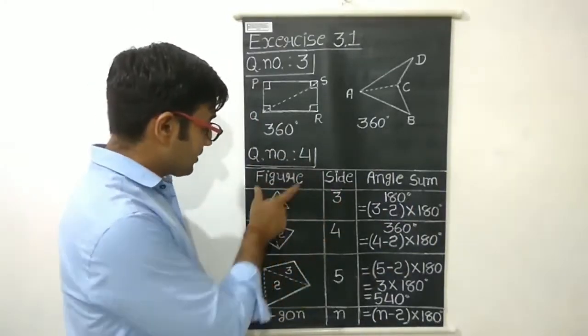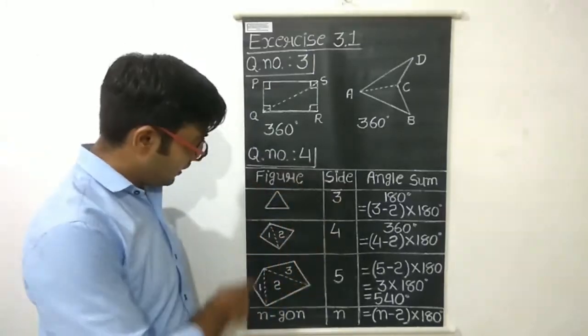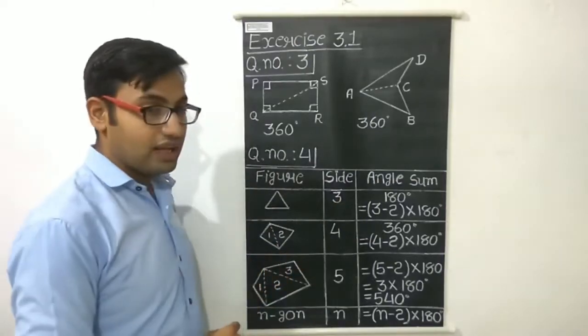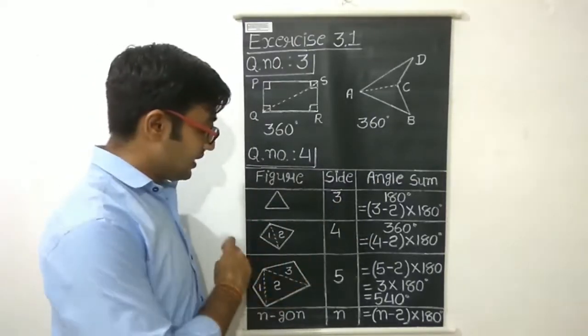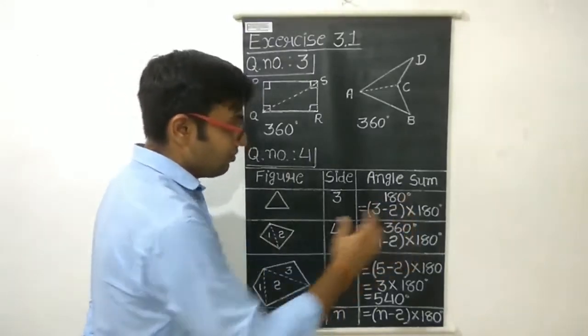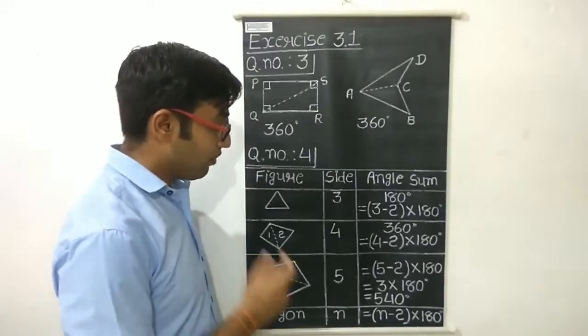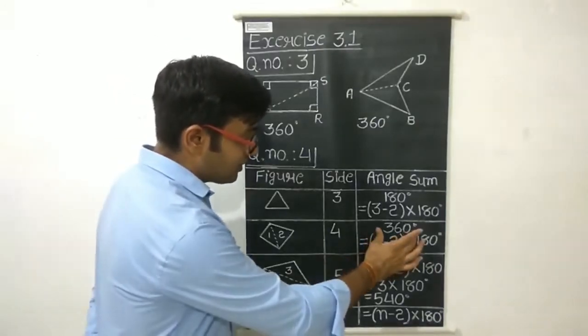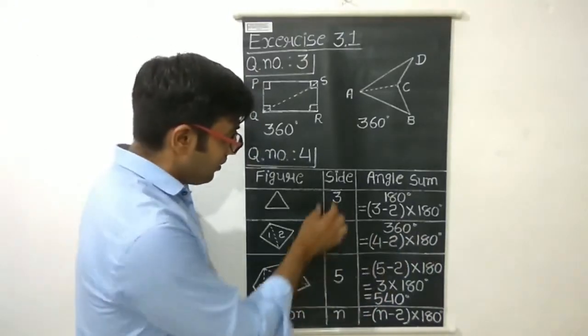So the next figure is a quadrilateral. It has 4 sides. We can divide it into 2 triangles that you know very well now. As there are 2 triangles inside a quadrilateral, the angle sum is equal to 360 degrees. Now think, what will happen if we rewrite this 360 degrees in this way?